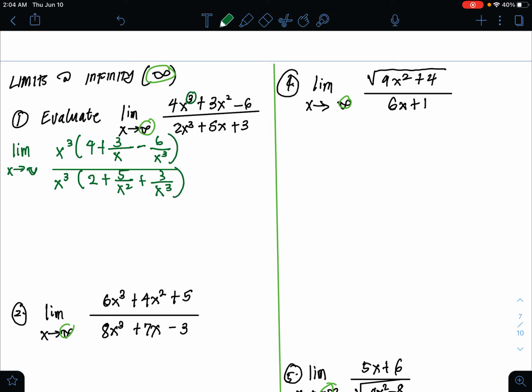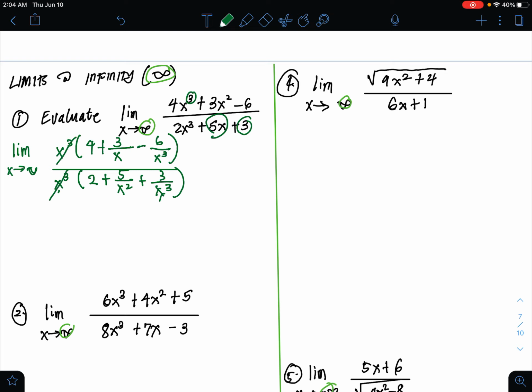Why? Because when you multiply 2x cubed and 5x cubed over x squared, it simply becomes 5x, and 3x cubed over x cubed is equivalent to 3. Okay, what's next? So therefore x cubed and x cubed here would be cancelled.